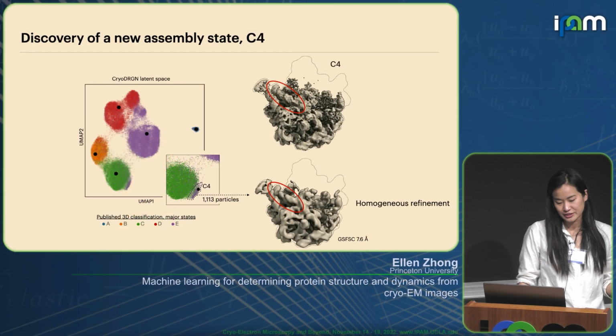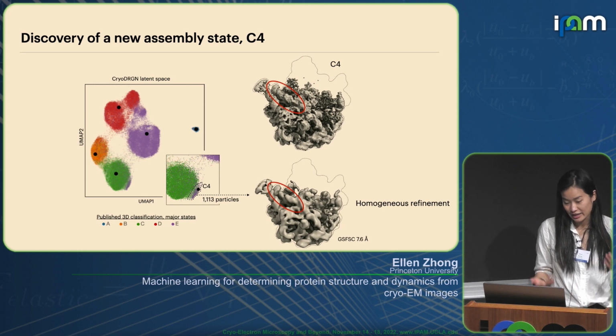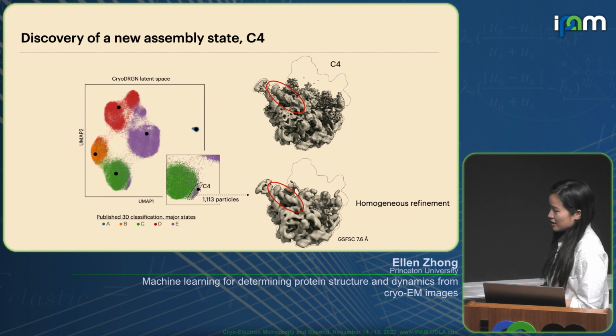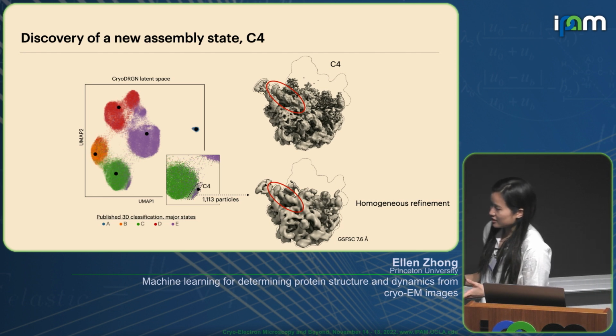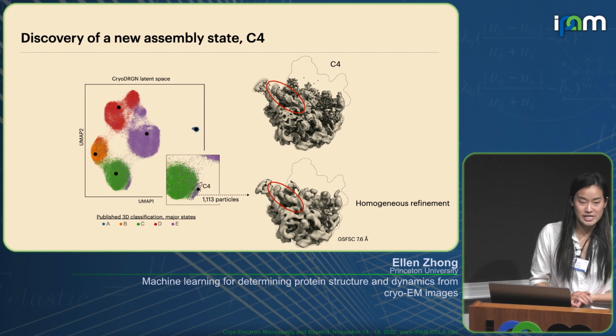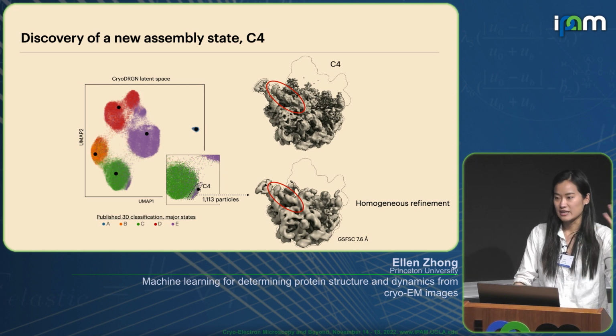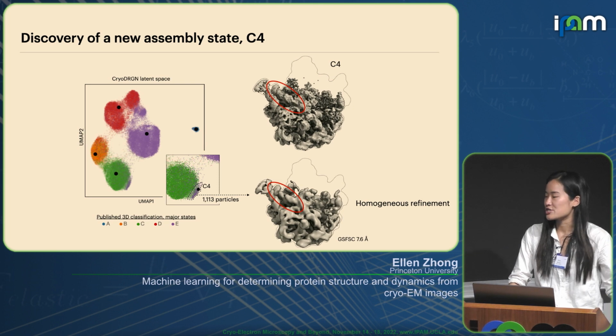And when we take those particles, or the 1,000 images, and then do a homogeneous refinement, we get the same structure with this helix docked. So this was a nice validation and discovery of a new assembly state from the data set that was just missed by the manually driven 3D classification.